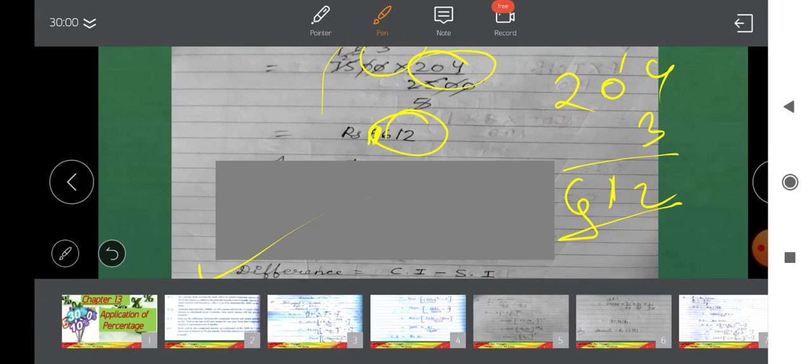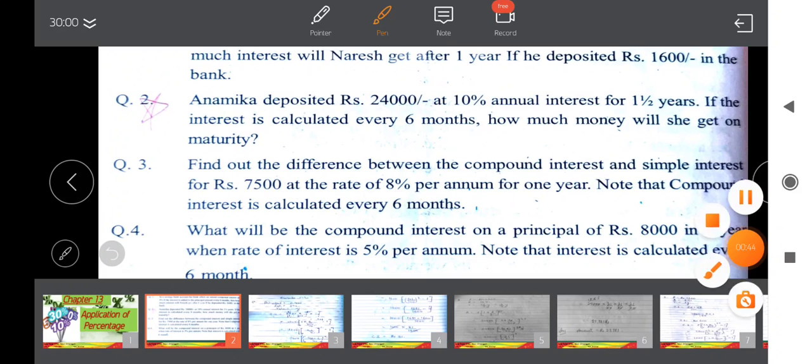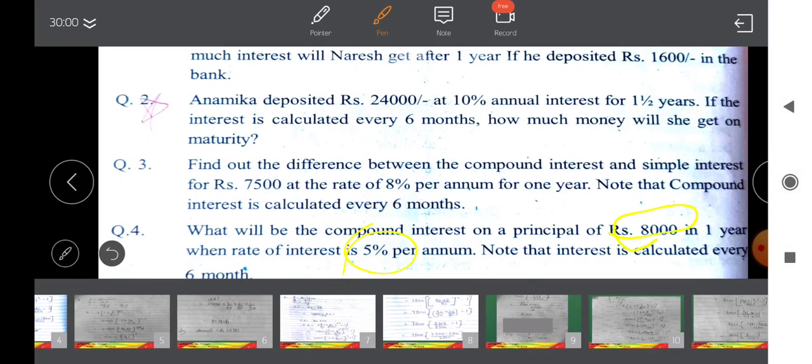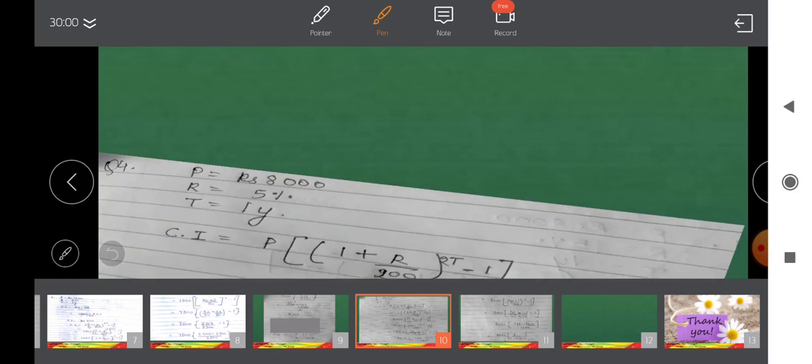Now coming to the last question of this exercise, what will be the compound interest on the principal? See, principal is given, rate is given, time is given. What is asked to calculate? The compound interest.